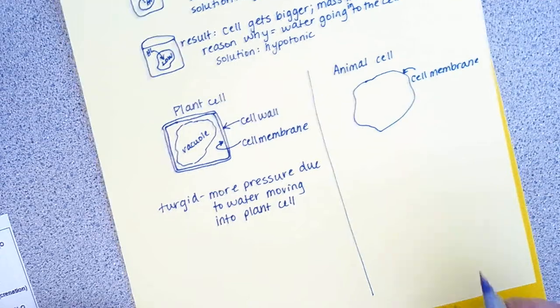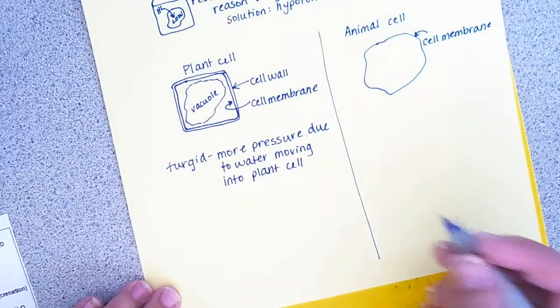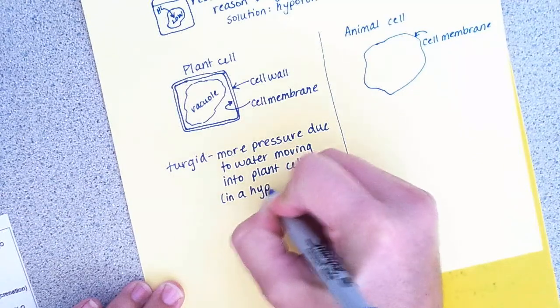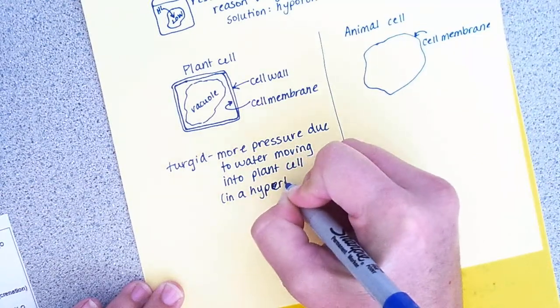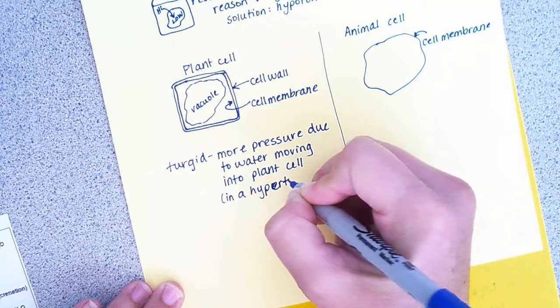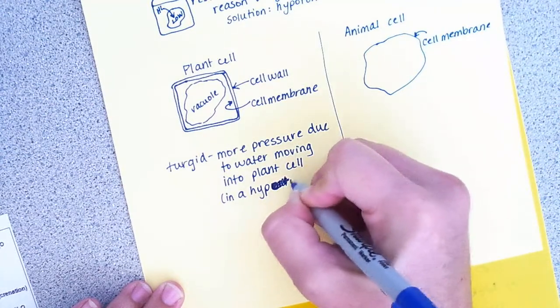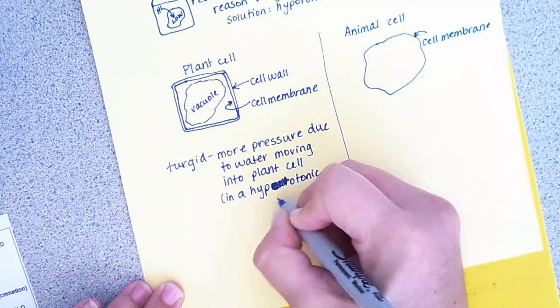So turgid was more pressure because water is moving into the cell. That means it is in a hypotonic solution.